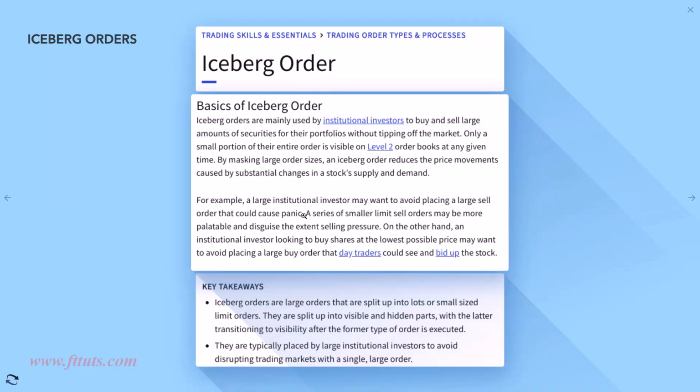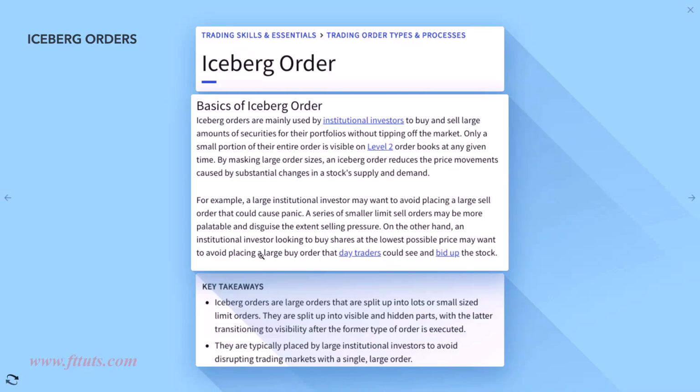They might want to dump euros or dollars or pounds, etc. And because we know that 10 major banks control a large portion of the market share, if one of those large financial institutions starts to look to sell or even buy, it's going to move the market, right? So a series of smaller limit orders may be more palatable and disguise the extent of the selling pressure.